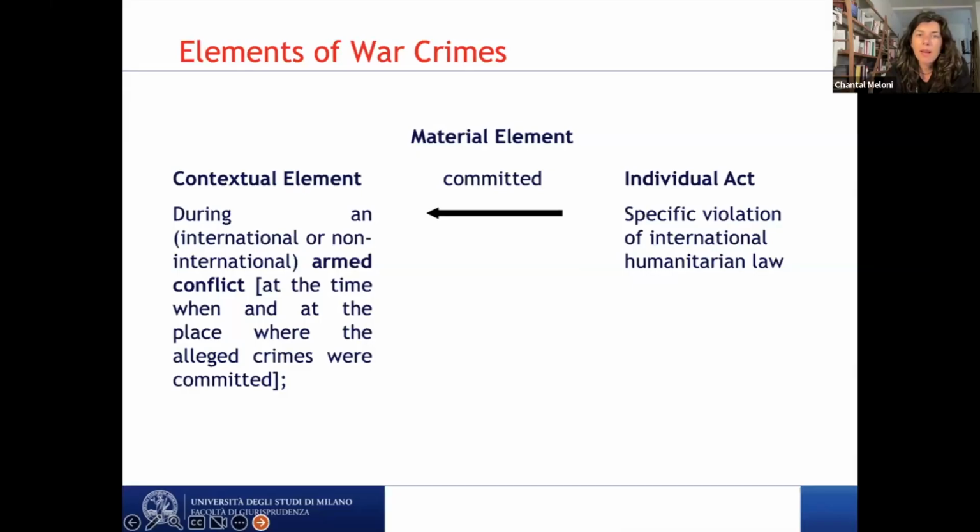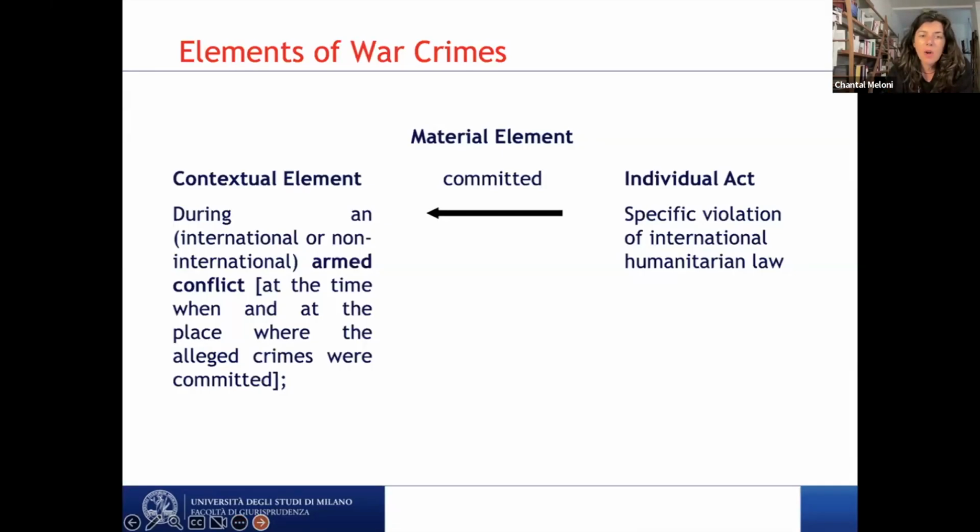So in the first place, to have a war crime in international criminal law, and specifically for the sake of the jurisdiction of the ICC, you need to have a context. And of course, the context is the armed conflict, right? The armed conflict, which can be, as we said, international or also non-international, is what is happening.